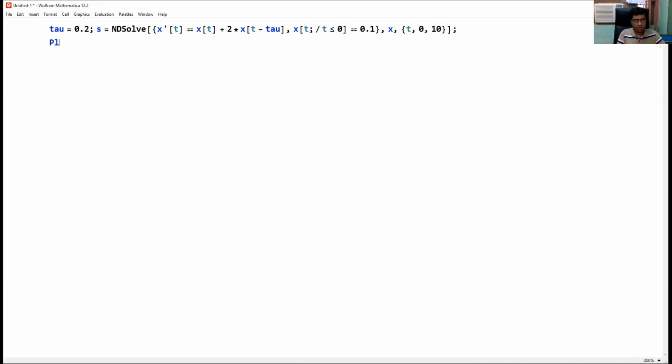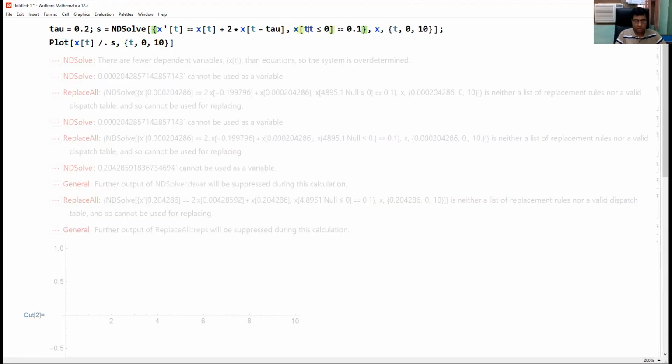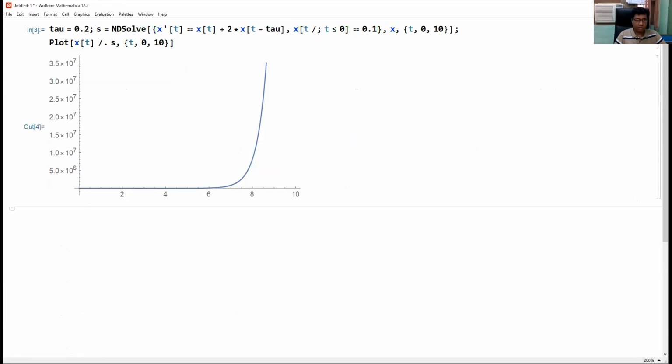And the next thing is plot. We want to plot x of t from s, t from 0 to 10. Let us see. I think we need to change this syntax, it should be x of t with a slash and semicolon.